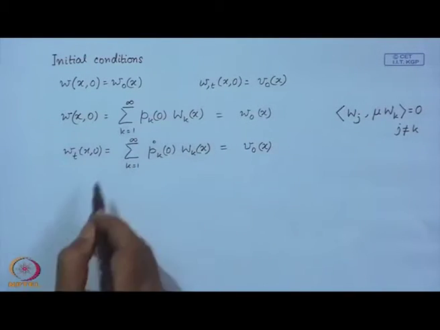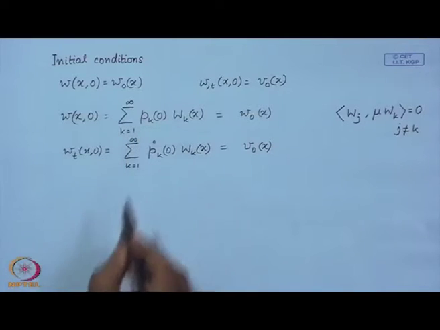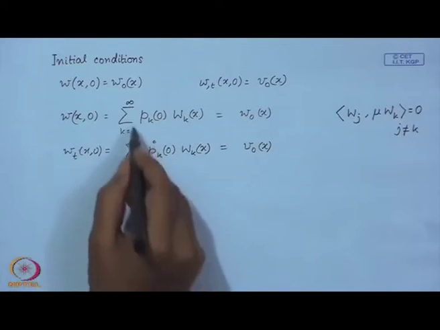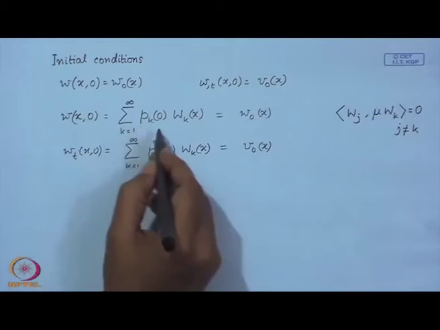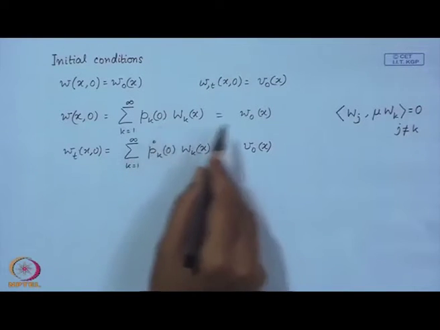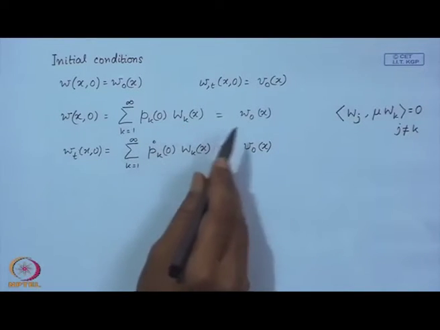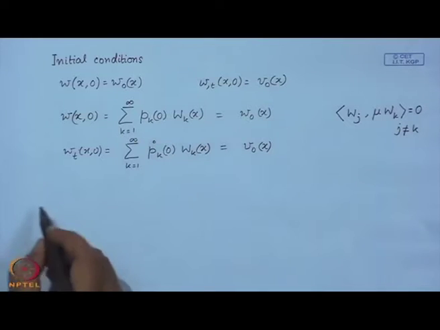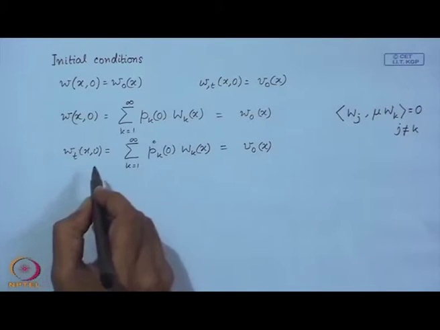Therefore, what we must do to solve these coefficients in a straightforward manner is multiply both sides with mu and W j and integrate over the domain of the problem.